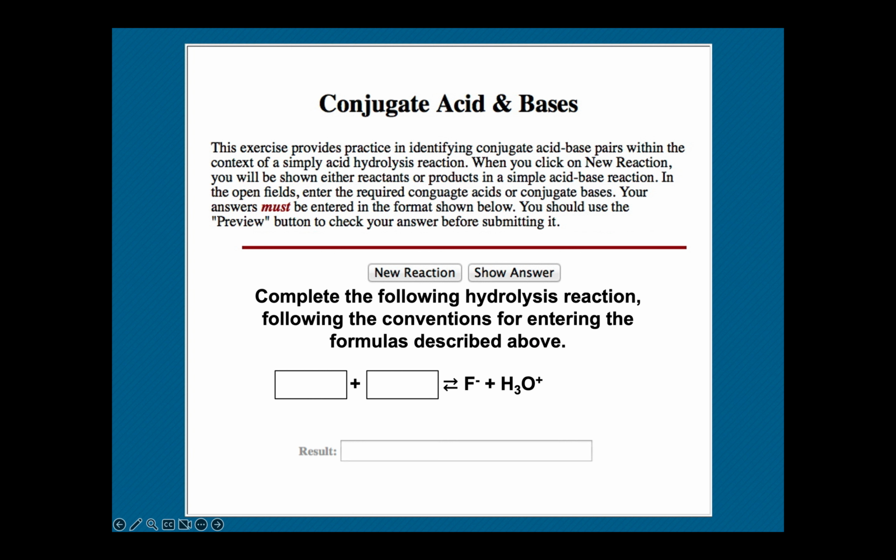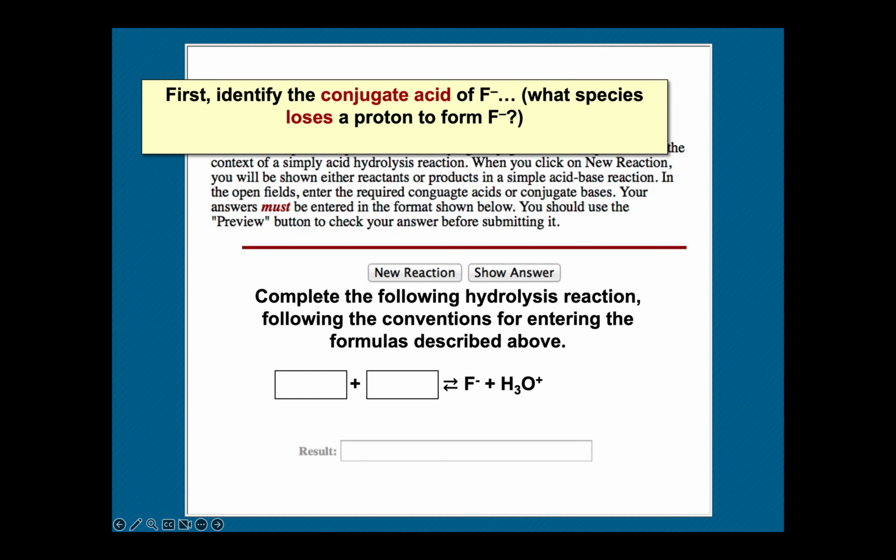So, as we look at this, we see fluoride is our first one here. Fluoride anion. It's obviously a conjugate base of something. So, what's the conjugate acid of fluoride? What loses a proton to give F minus? HF.